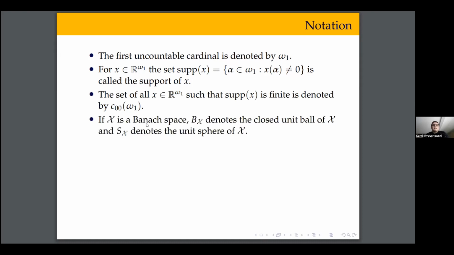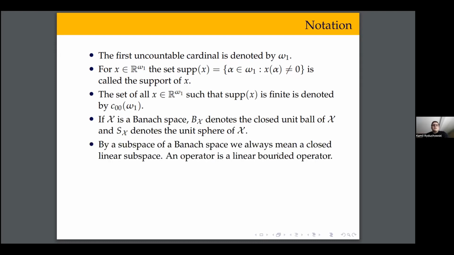If X is a Banach space, then B_X denotes the closed unit ball and S_X denotes the unit sphere. Most of the notation is pretty standard. By a subspace, I will always mean a closed linear subspace, and by an operator, I will always mean a linear and bounded operator.